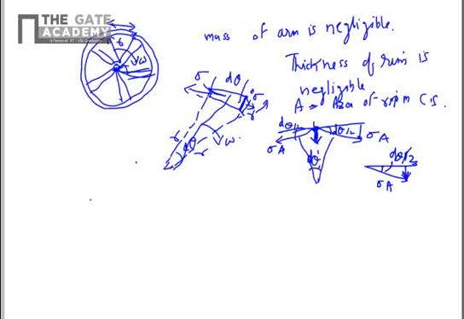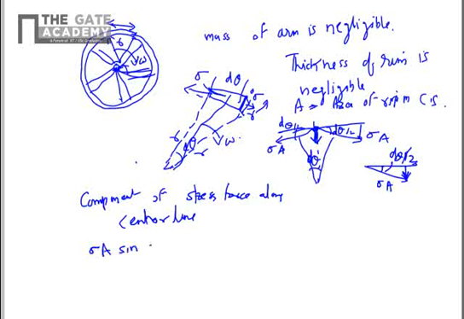So the component of stress force along the center line is sigma A sine d theta by 2. Similarly for the left side, the angle is d theta by 2 and the stress is sigma A, so it will also be sigma A sine d theta by 2.